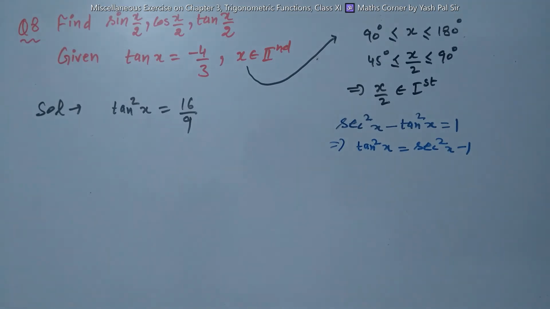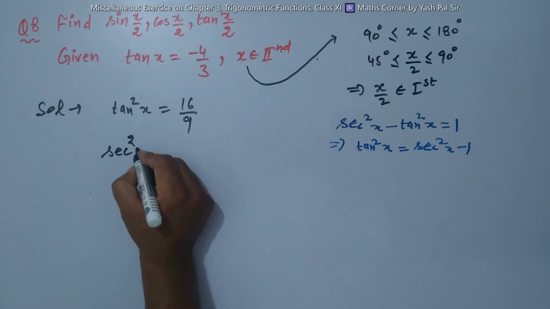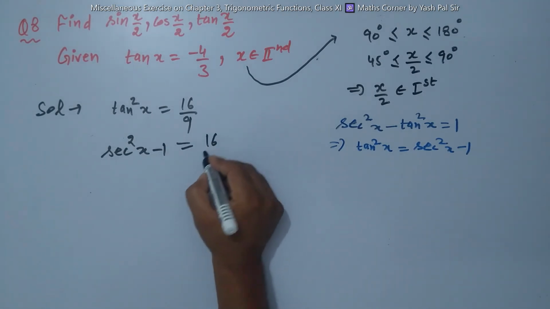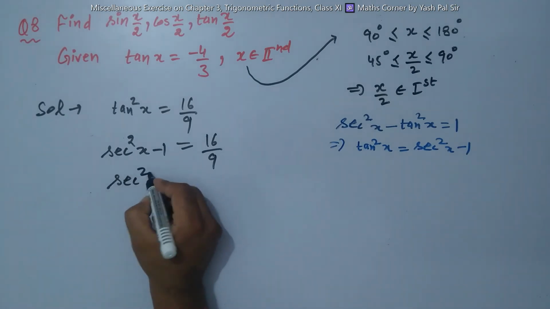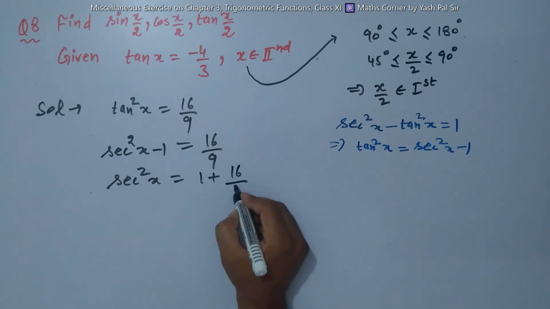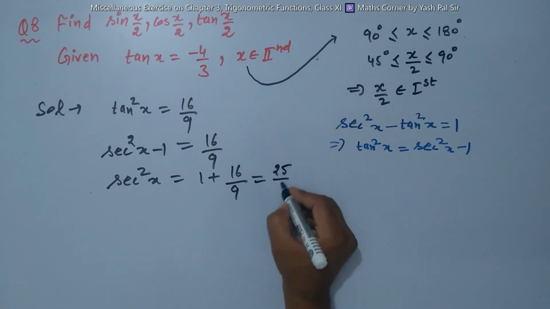So this way we apply here: secant square x minus 1 is equal to 16 upon 9. That means secant square of x is equal to 1 plus 16 upon 9, which is 9 plus 16, 25 upon 9.